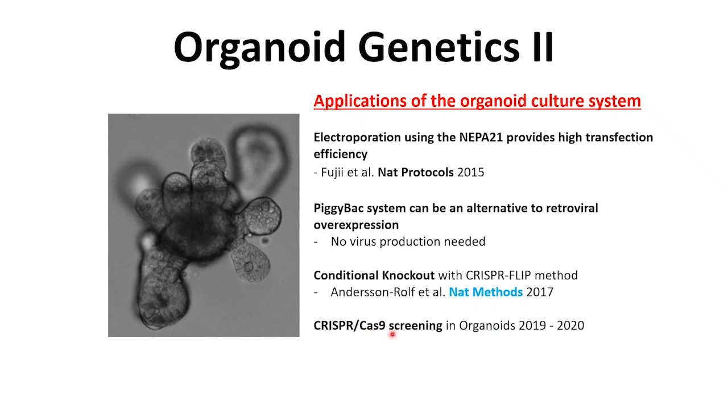However, some other labs have also already published work reporting that CRISPR-Cas screening is possible in intestinal organoids and also in other organoid systems.